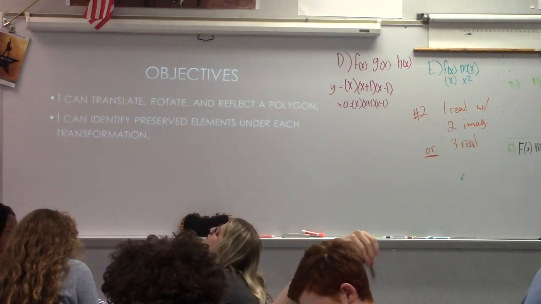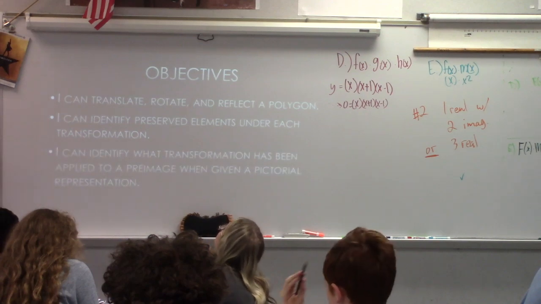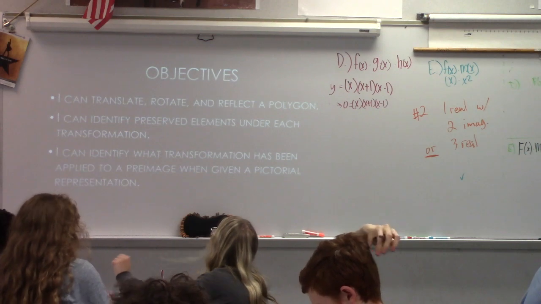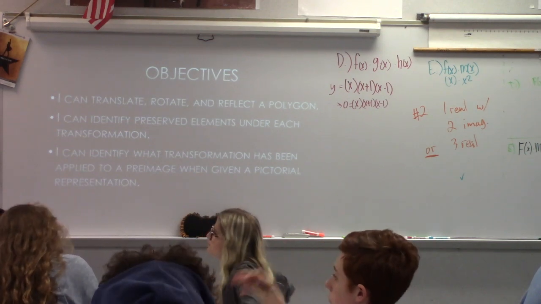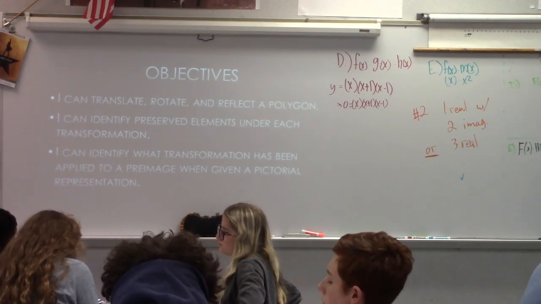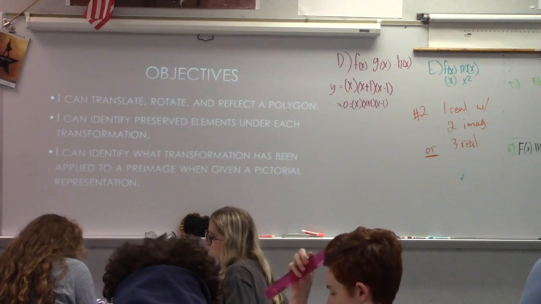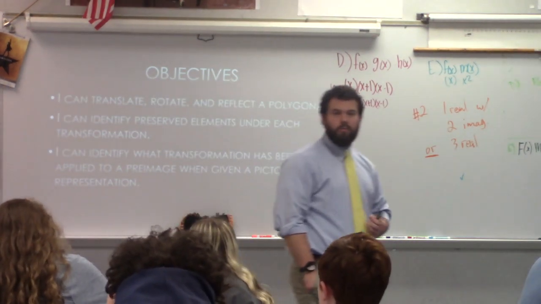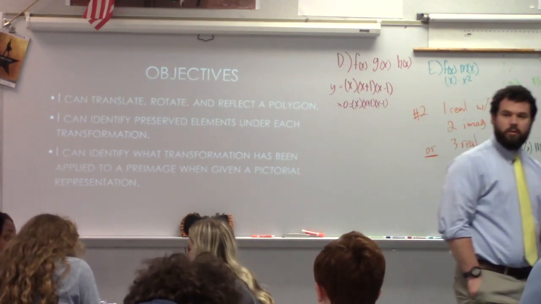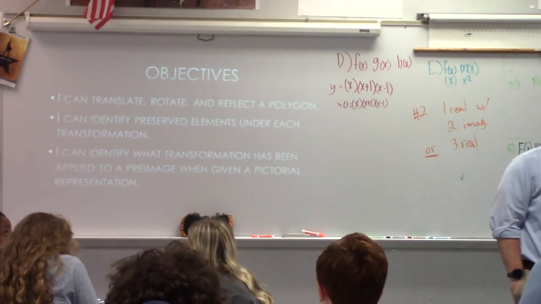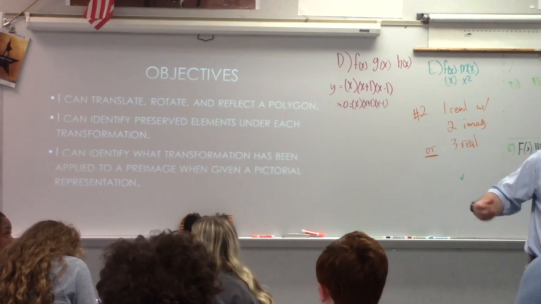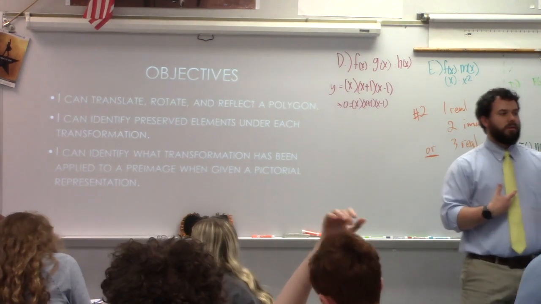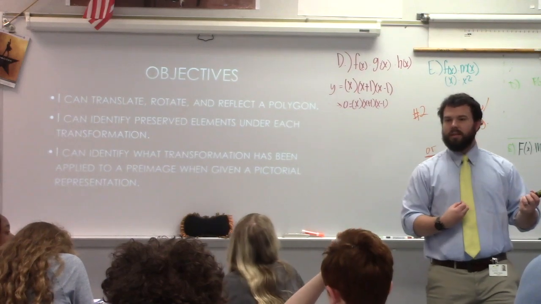So, with the transformations, please remember these transformations are actually super important because if you translate, rotate, or reflect a polygon, what do you get as a result? There's a lot of things you could say here, but there's one key one. It's the same, so what do you mean by that? Okay, so the elements are preserved, but what's the mathematical word for the same?